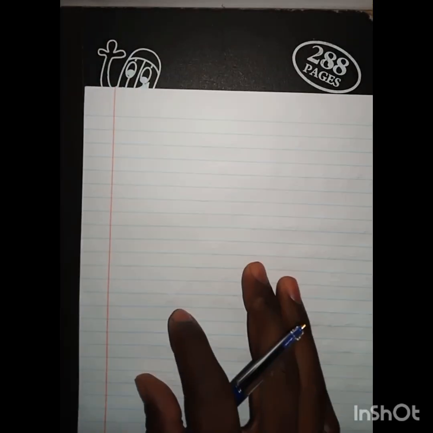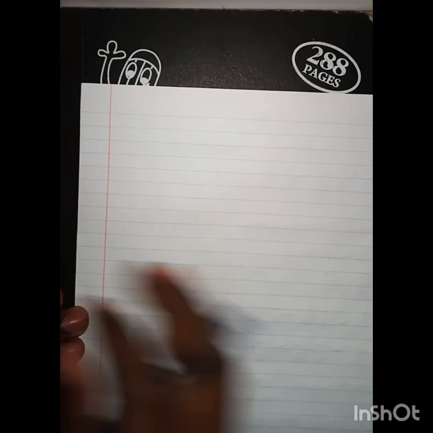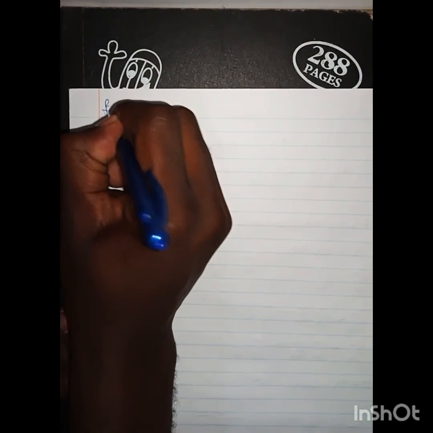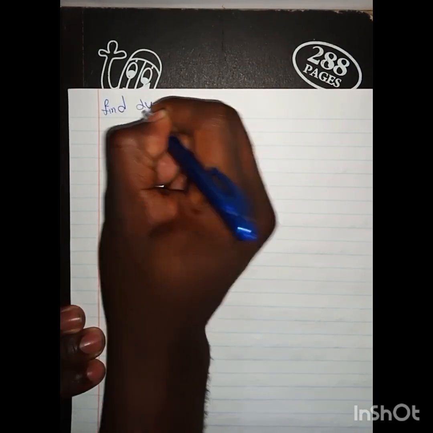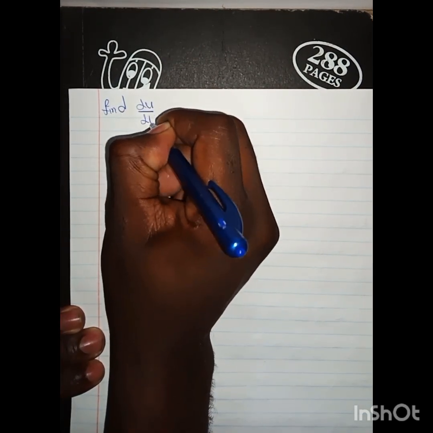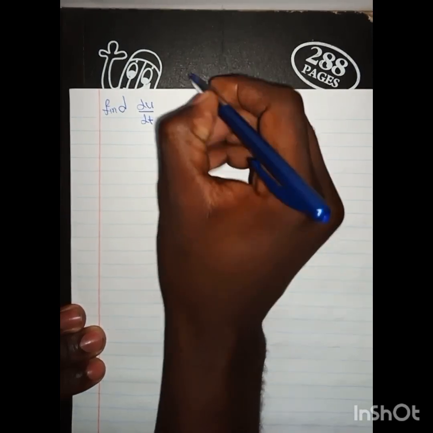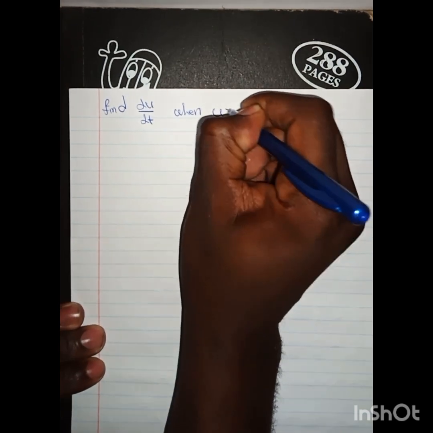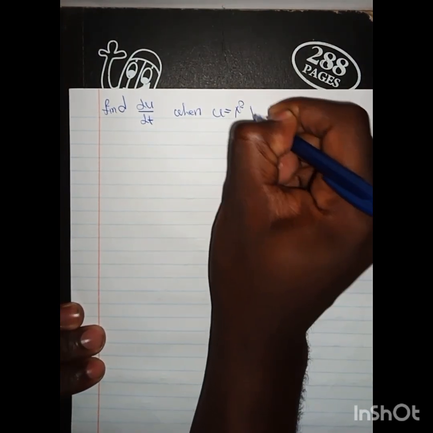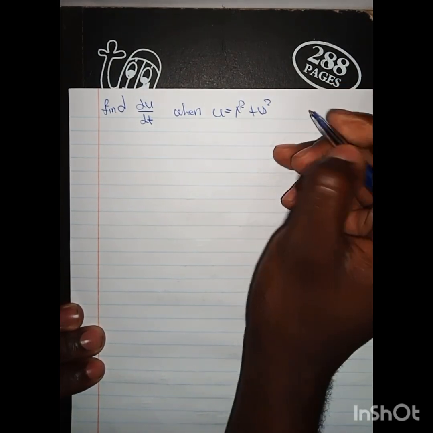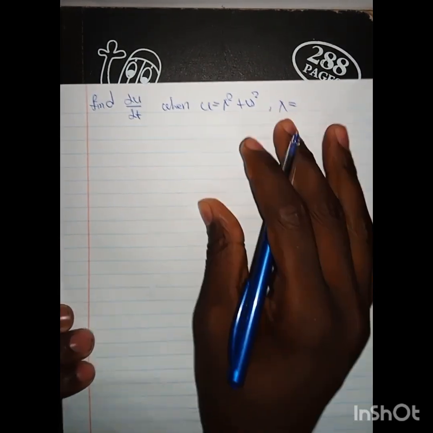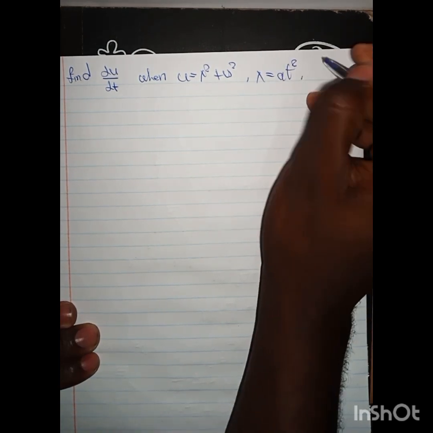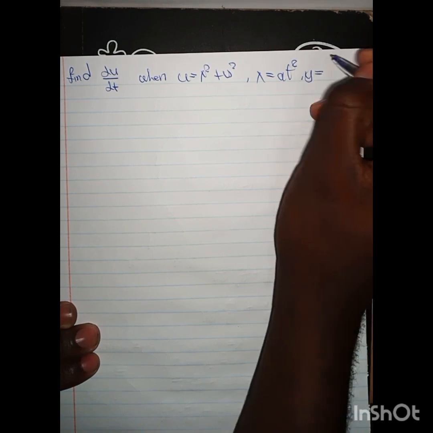Let me consider the following example. Find du/dt, given that u is x squared plus y squared, x is at squared, and y is given by 2at.